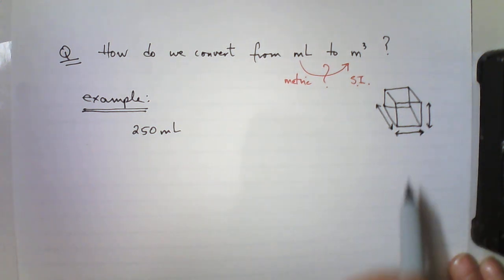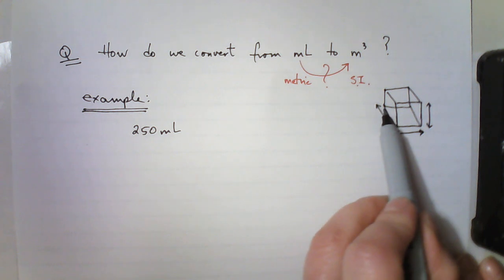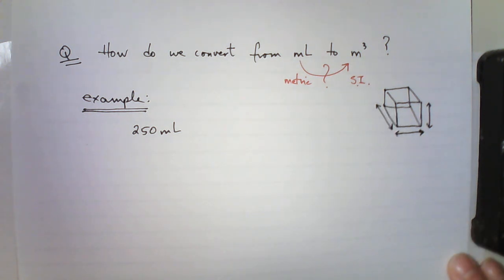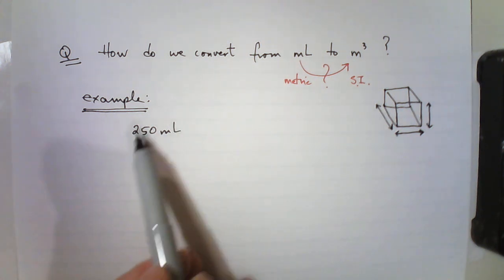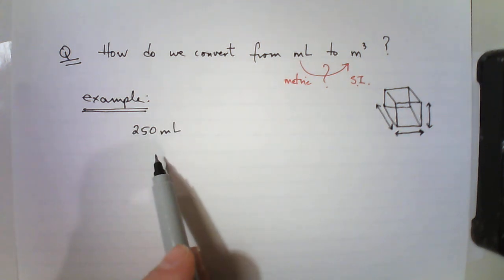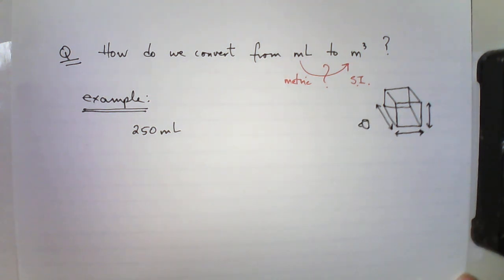So something half the size of a door, 1 meter up, 1 meter back, 1 meter wide. That's a huge volume, so I expect the number of cubic meters that correspond to 250 mils, just 1 cup, is going to be very small.